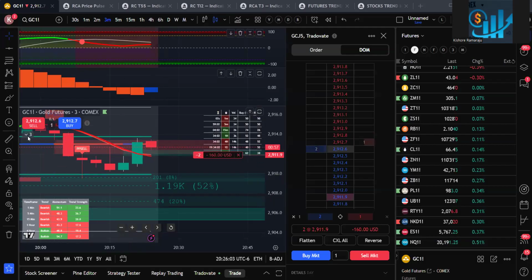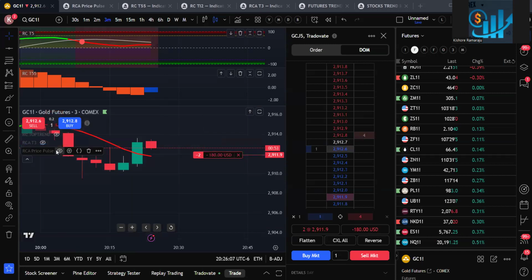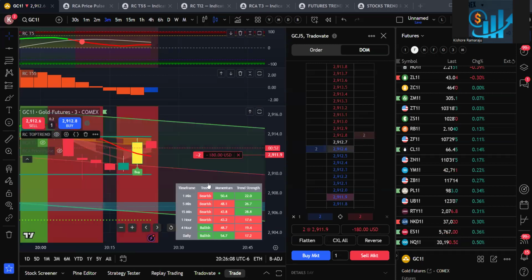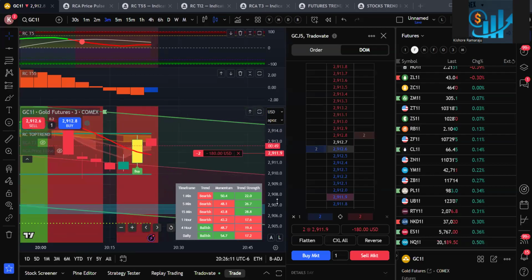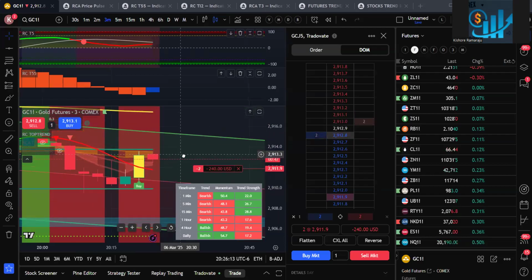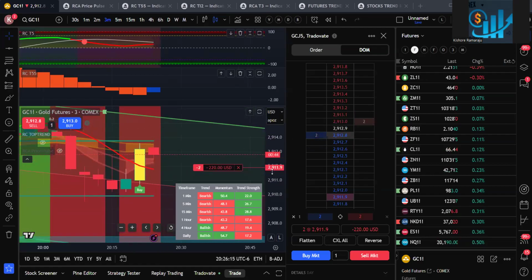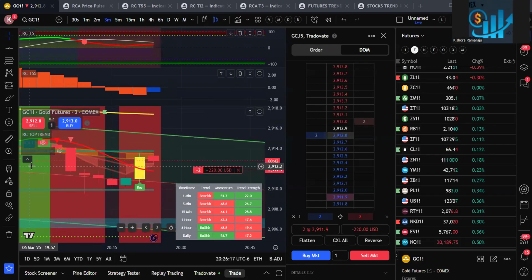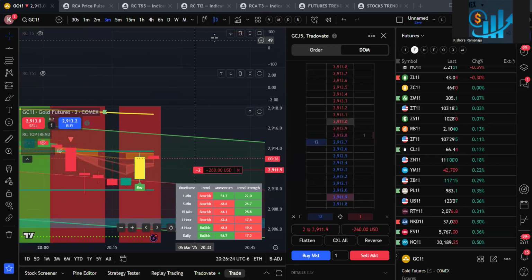So if any of you are new, you can also wait. Let me just explain about Top Trend. That is another important indicator. Generally, you have green and red color on the chart. For some time, you forget about everything.